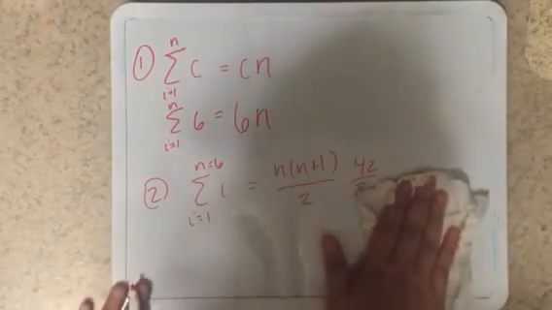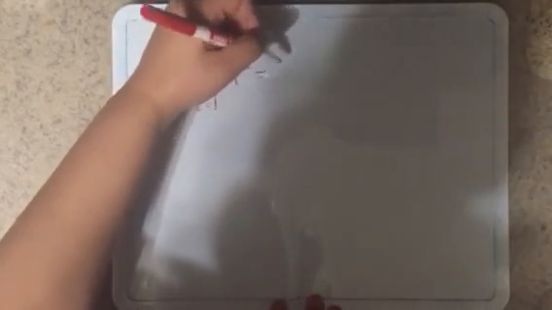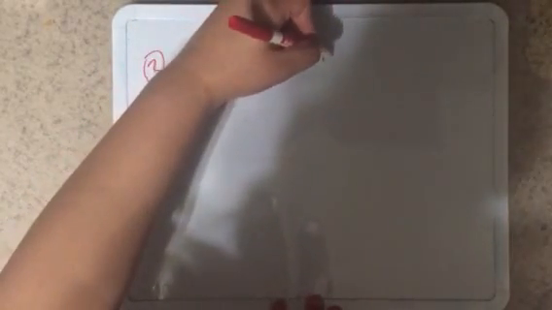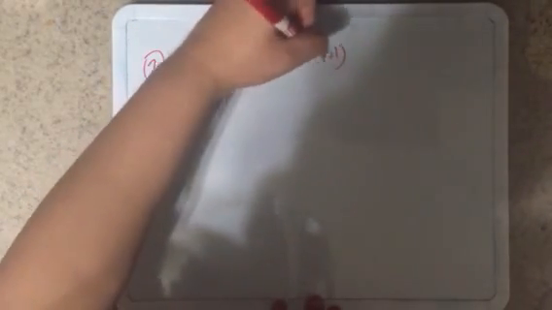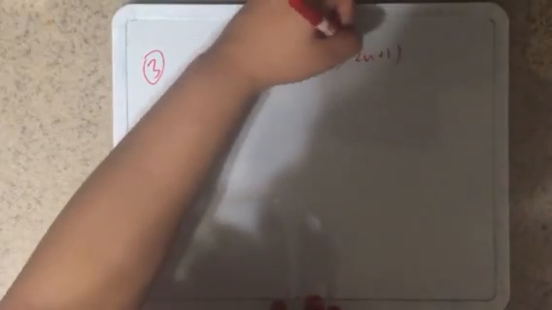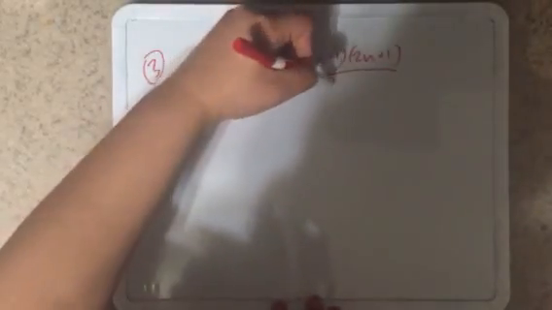And now let me erase all this because I have more room. And then the third summation formula is the sum from i equals 1 to n. Remember, for all these summation formulas, i always has to equal 1. It's i squared equals n times n plus 1 times 2n plus 1 all over 6.